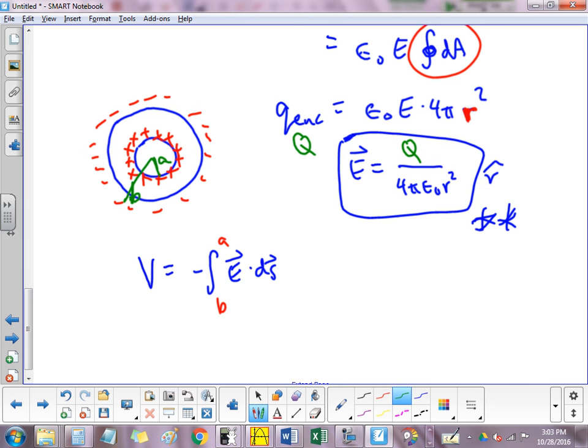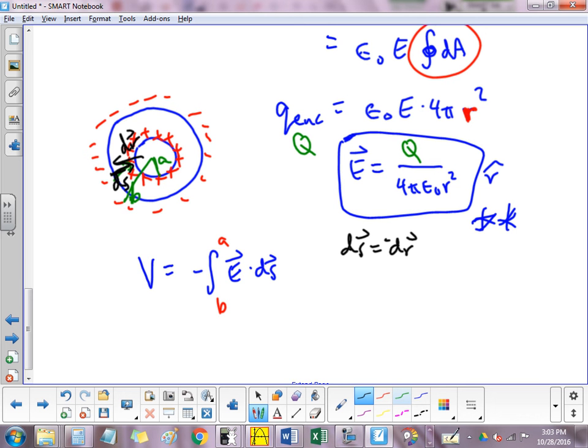So we're going to integrate from B to A. Technically, ds is the direction we're going to travel, so we're going to travel inward. So ds and dr are oppositely oriented. dr obviously points radially out, but we're traveling radially in.